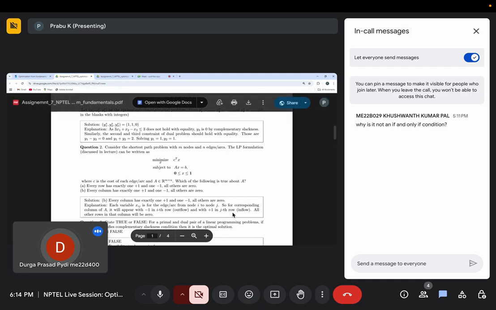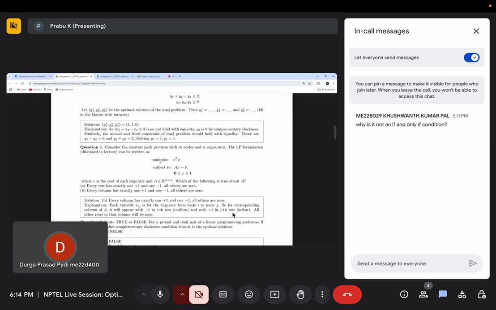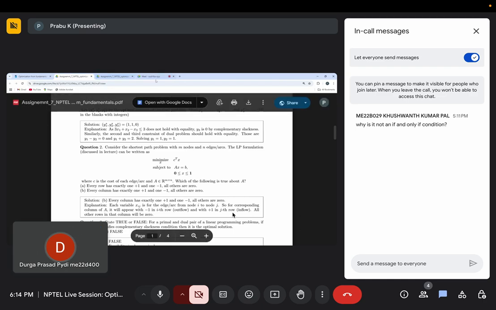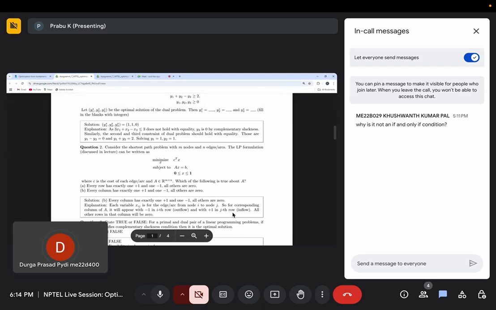That's what I also thought previously, but then we did something wrong in the problem. If there is some inflow, there has to be some outflow, so there should be some 1 and some minus 1. What is the mistake in the problem? I think I changed the minus 1 to plus 1. That's where the problem came. When we multiplied b with minus 1, it got reversed. Otherwise, everywhere it will be minus 1, 1, something like that, right?